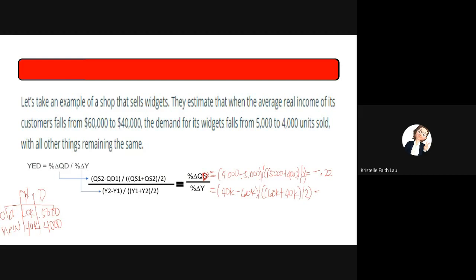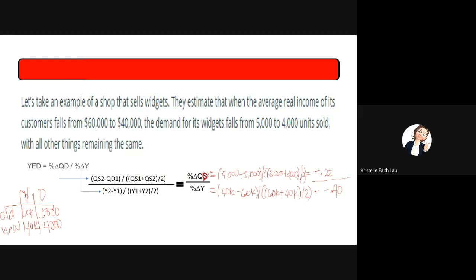Ang answer natin dito is negative 0.40. Again, hindi na natin siya gagamitan ng absolute value. So, let's divide negative 0.22 sa negative 0.40.